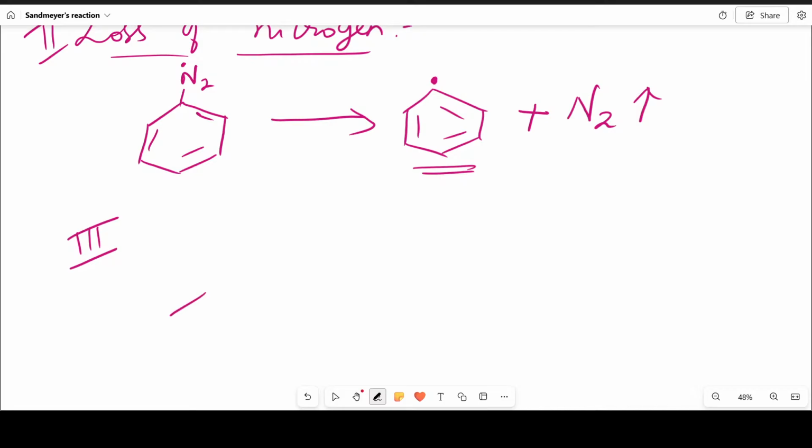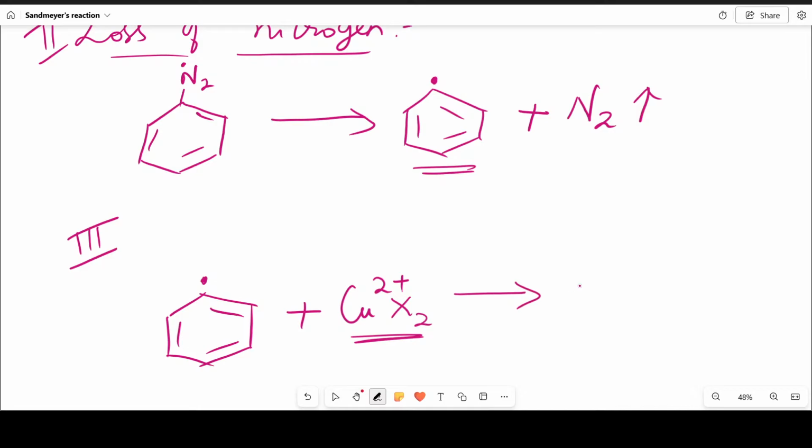Now here, this is the aryl free radical that is going to react with the Cu2+ generated in step 1 of the mechanism, that is CuCl2 or CuBr2, a Cu2 salt, to give rise to chlorobenzene or bromobenzene.